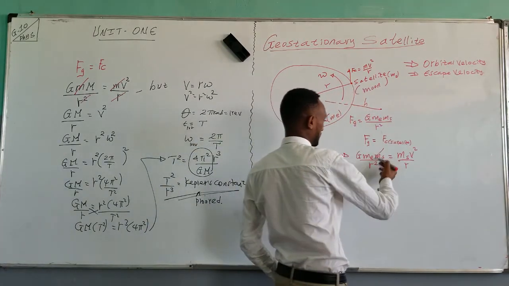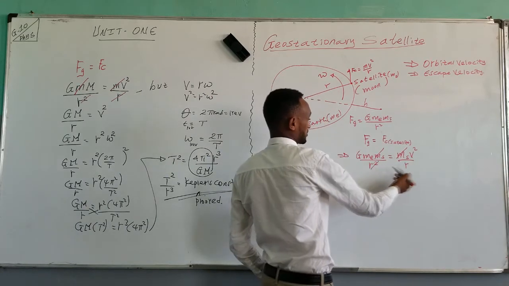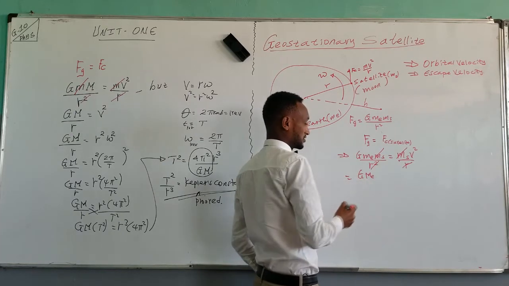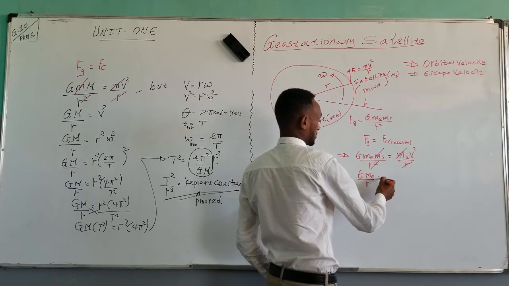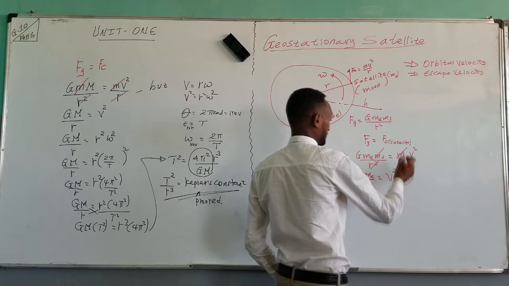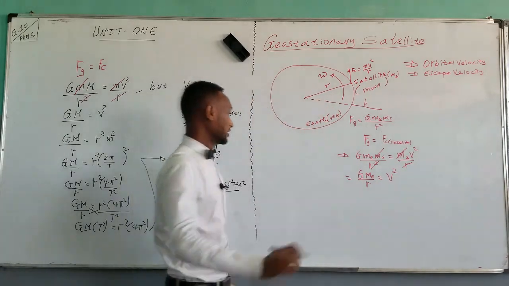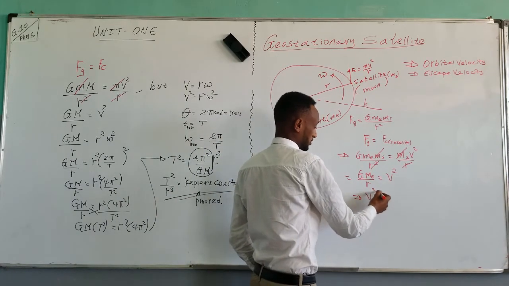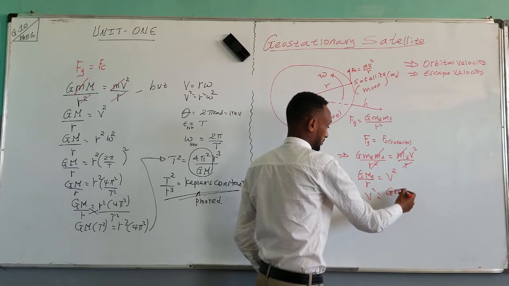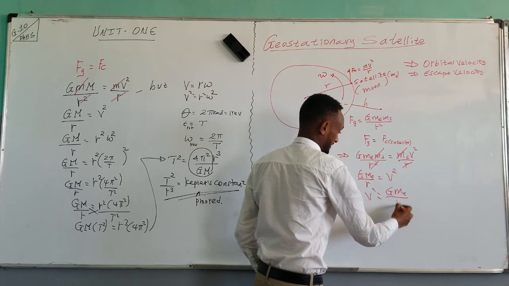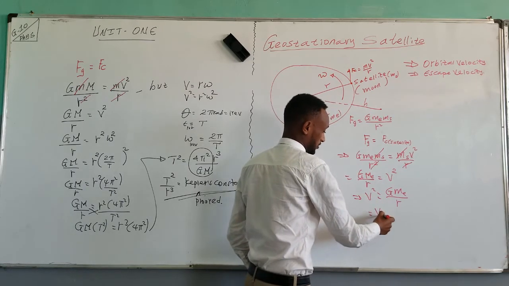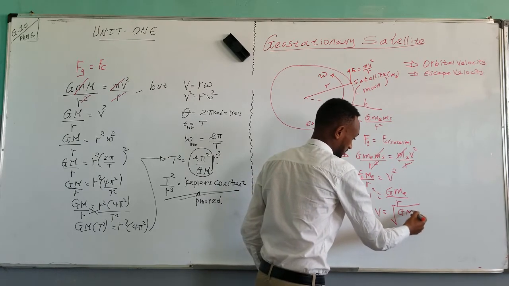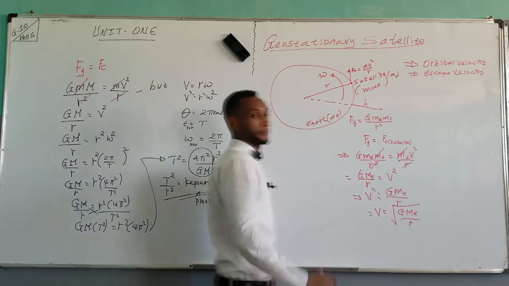The mass of the satellite cancels out, and you get the gravitational constant times the mass of the Earth over the distance, which is the same as the velocity squared. So the orbital velocity v is equal to the square root of the gravitational constant times the mass of the Earth over the distance.